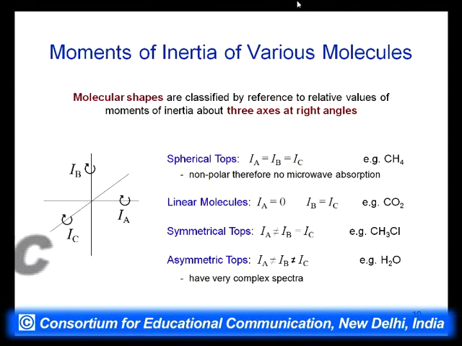One example is CH3Cl. Now, in CH3Cl, along the CCl axis, if you look at the moment of inertia, only the hydrogens are perpendicular to that axis and they will be contributing to the moment of inertia. Remember that the moment of inertia is equal to summation mi Ri square, where Ri is the perpendicular distance of the atom from the axis that we are talking about.